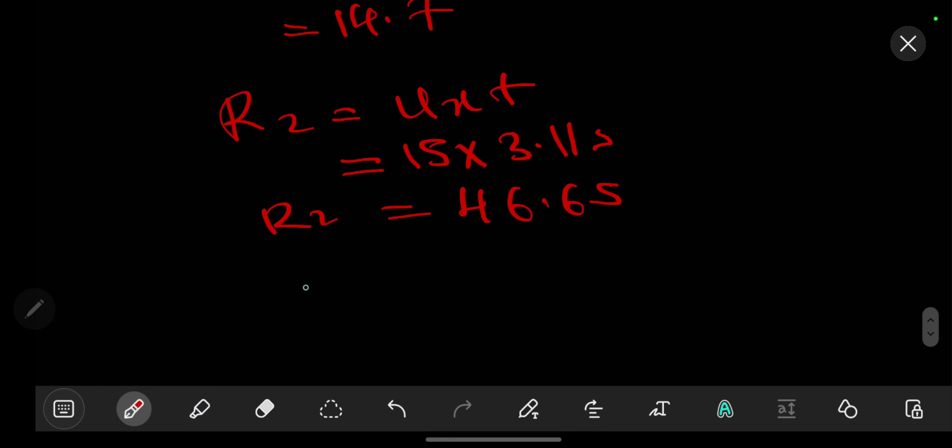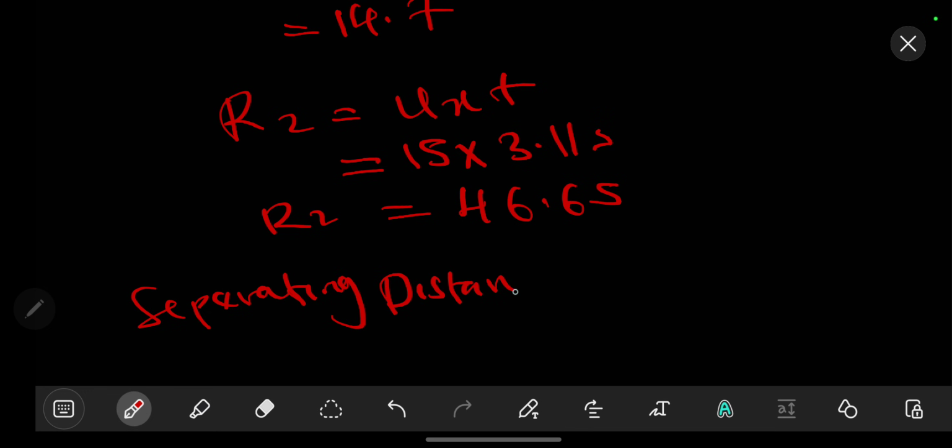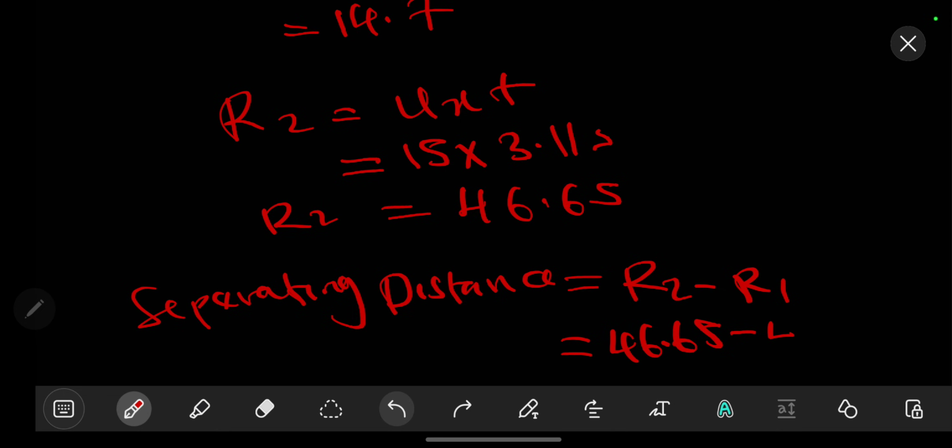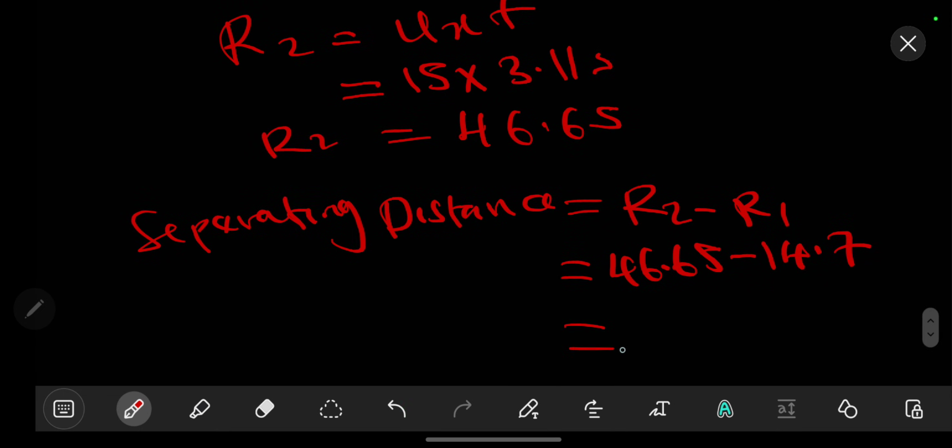Now to find the separating distance, you can subtract range 2 minus range 1, which is 46.65 minus 14.7, which is equal to 31.95. So either you do that or you do that, the answer is still the same.